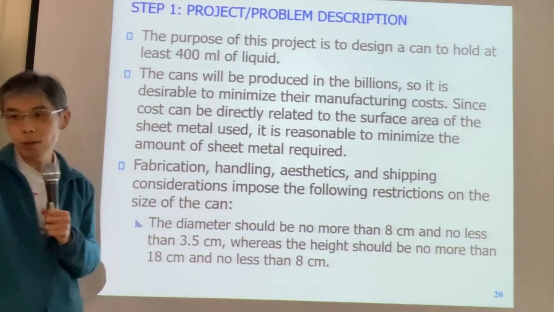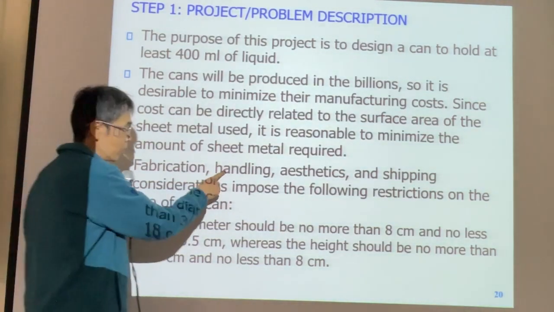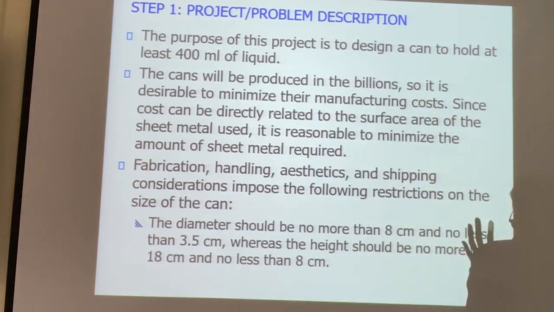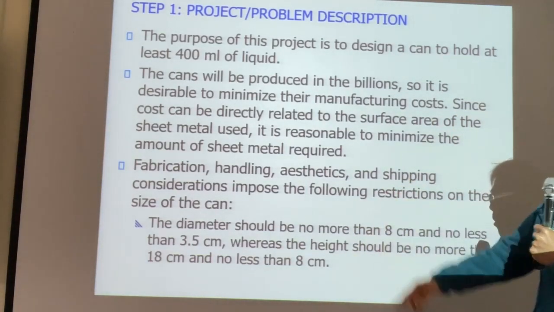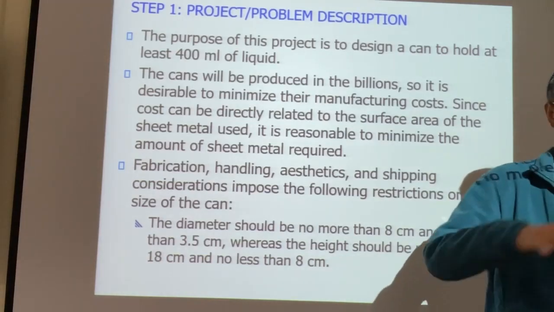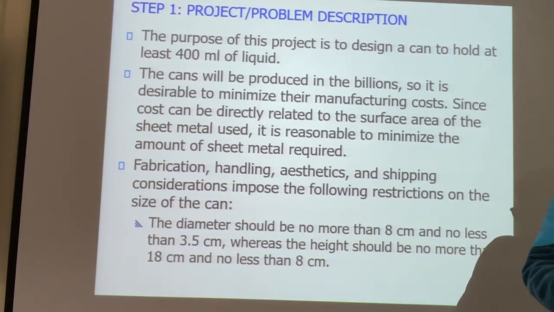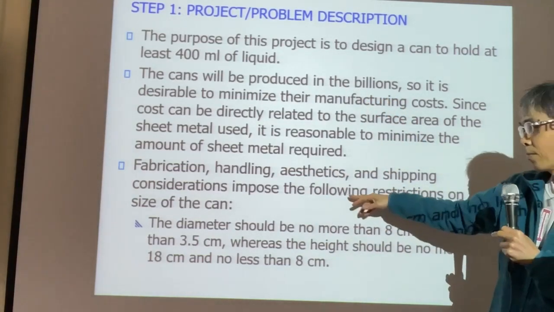See, your hand has to hold it, so you must feel comfortable. Aesthetics: it looks beautiful. Shipping consideration: we need to put them in a box or a ship container and ship to other countries. So it's also a constraint.